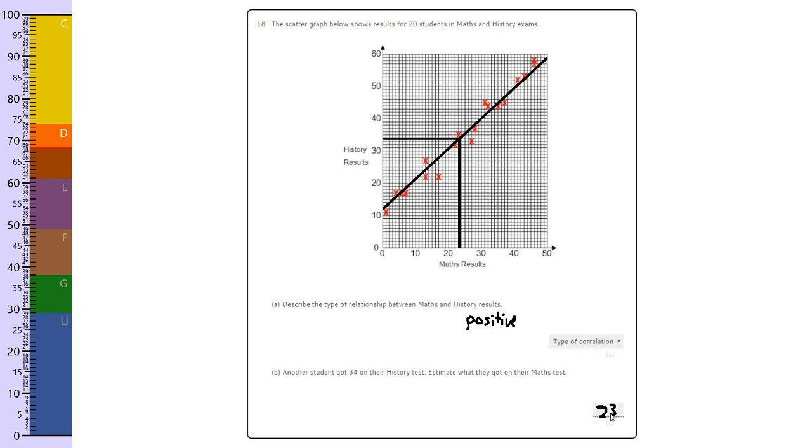So 23. Now, if you're worried about doing this properly on the website, I'm very liberal with the answers. They won't necessarily be in the exam, but I know that reading off the screen is quite difficult. So for that, I would have accepted anywhere between 20 and 30. But on the actual exam, draw your line of best fit, draw your line across, and draw it going down. Or they might give you a maths result and ask you for a predicted history one.